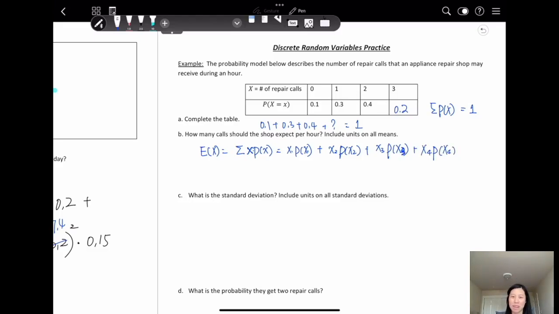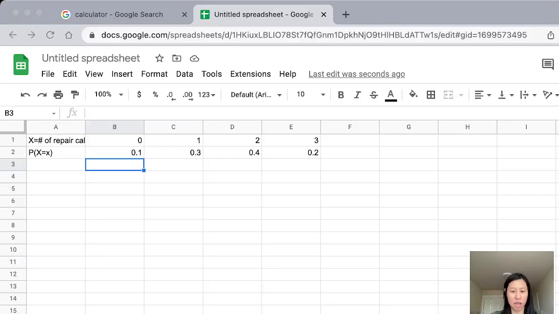Okay, so remember the last time I used a Google Calculator and I ended up having some typos. So this time I'm going to change the method, which is using our spreadsheet. I already put the table in it. So the first step is we want to add all of these numbers.